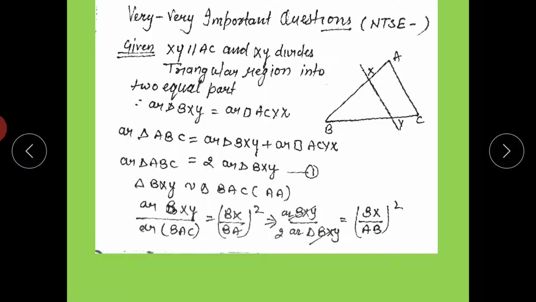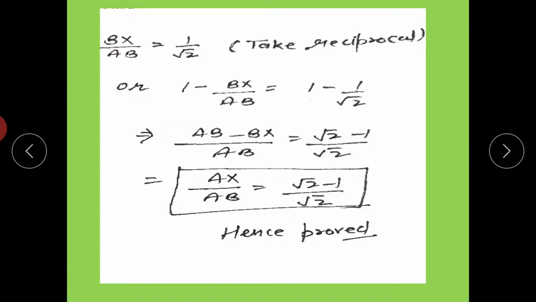Area of BXY upon area of BAC can be written as area of BXY upon 2 times area of BXY. This cancels out with this. Then BX upon AB whole square is equal to 1 by 2. And if you take the square root, BX upon AB is equal to 1 by root 2. Now subtract this from 1.